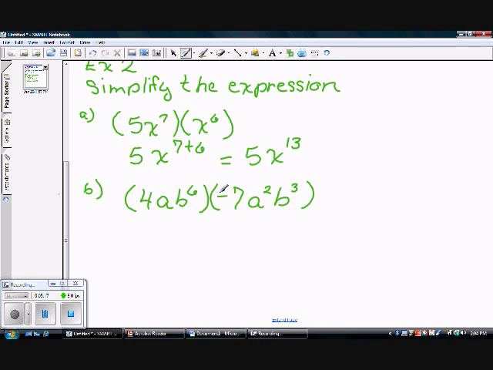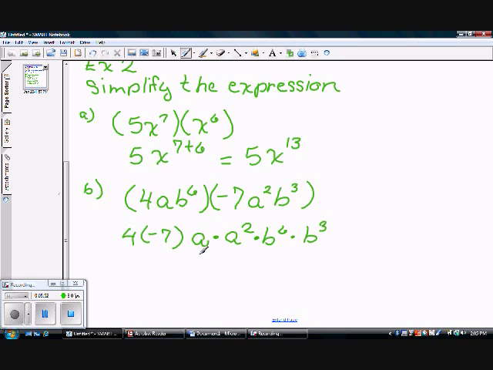So I can multiply the 4 and the negative 7 together. So 4 times negative 7. I'm going to kind of group the coefficients and the variables, the powers with the like base. So this is a squared. So a times a squared, and then b, this is times b to the 6th times b to the 3rd.